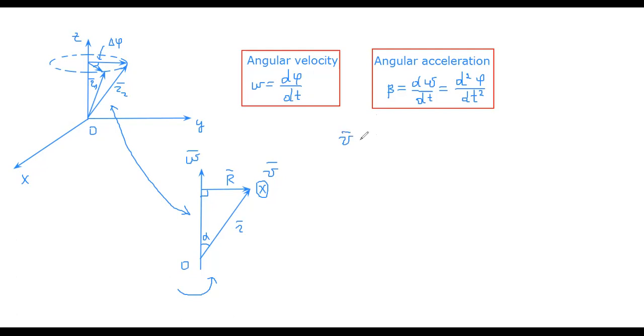We can do it by this formula. It will be the vector product v equals omega cross r.